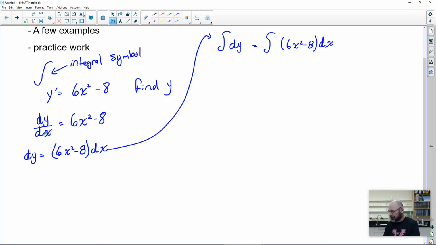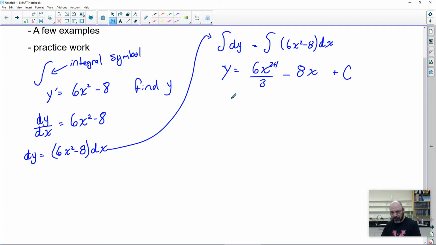So if I were to integrate this now, I could use the power rule. Remember what the power rule is: we just add 1 to the power here, and then put the same number underneath it. So if I use the power rule, this would turn into y, and this would turn into 6x to the 2 plus 1 over 3, minus 8x over 1, and the dx is gone because we've integrated back, plus the constant.